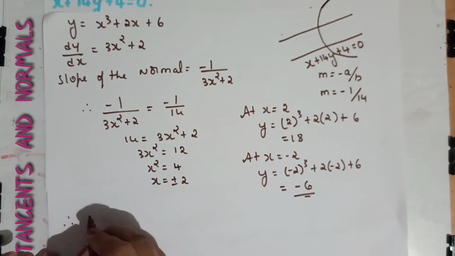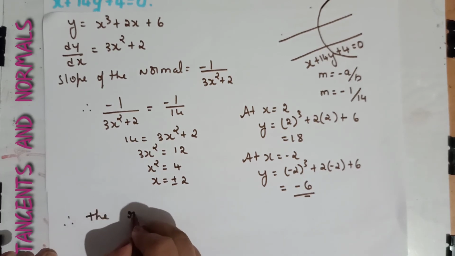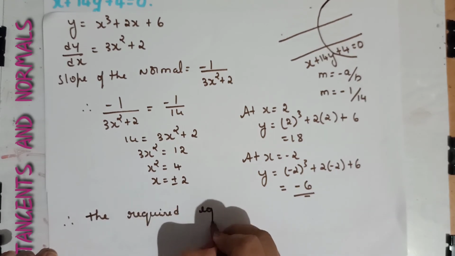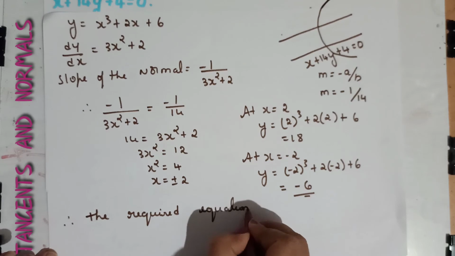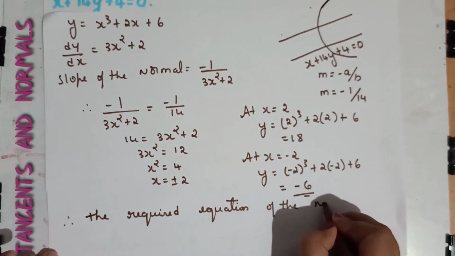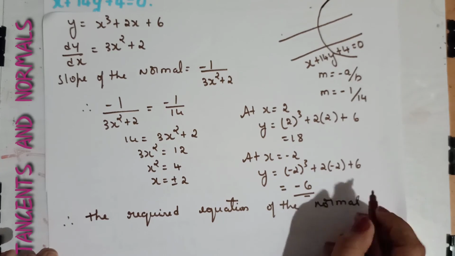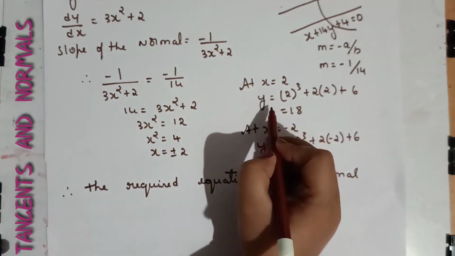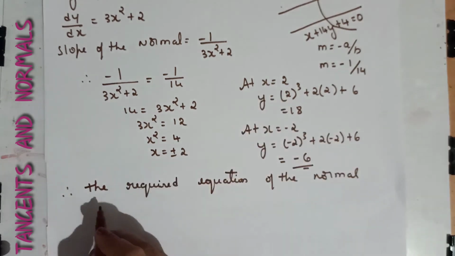Therefore, the required equation of the normal. So you will have two equations, right? So one will be when x is equal to 2 and y is equal to 18.